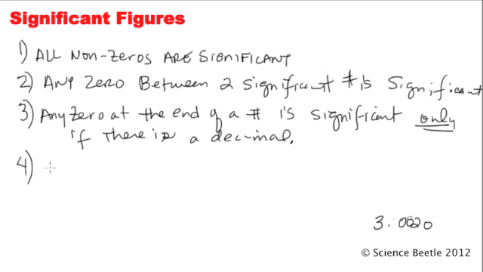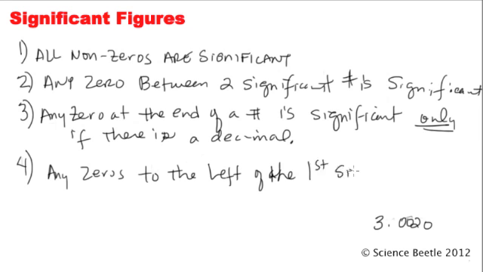So any zeros to the left of the first significant figure, and this is the clincher right here, are not significant.